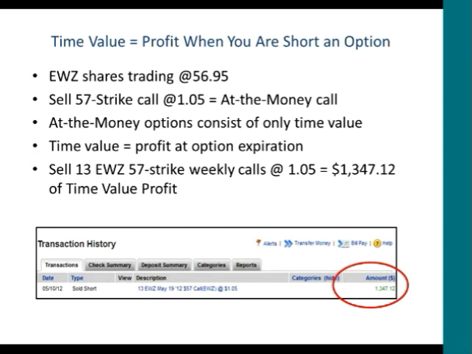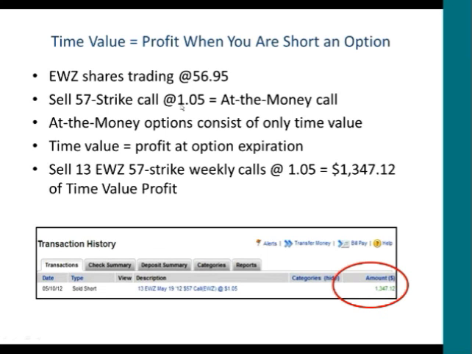And here's an example of the EWZ ETF. In this example, my brokerage transaction history shows that I sold 13 of these 57 strike calls at 1.05, and EWZ was trading at 56.95. So this was an at-the-money call.